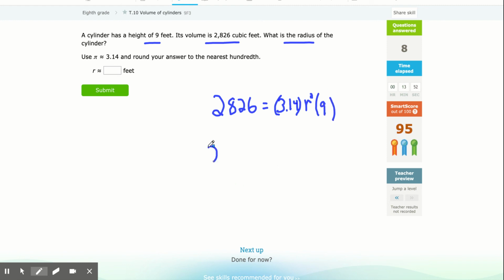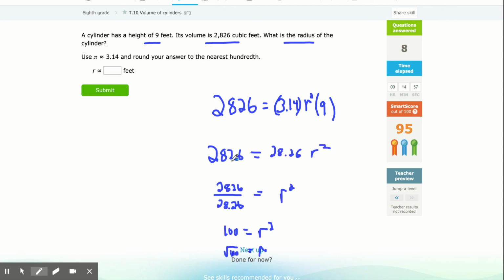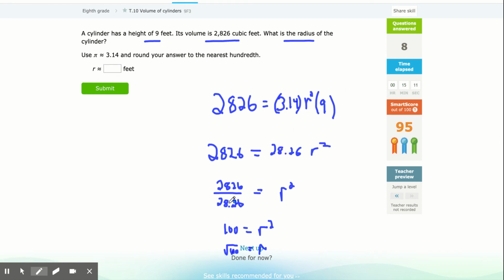So I've replaced the pi with 3.14 and the height with 9. 3.14 times 9, those two numbers multiplied together, gives you 28.26. Divide that over, and that gives you 100 equals r squared.